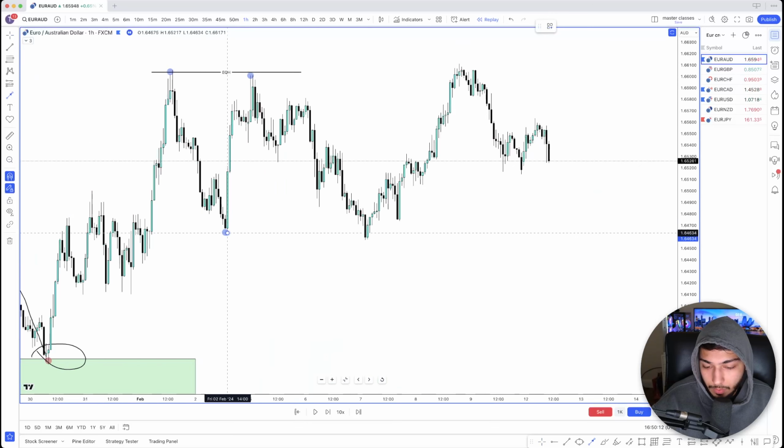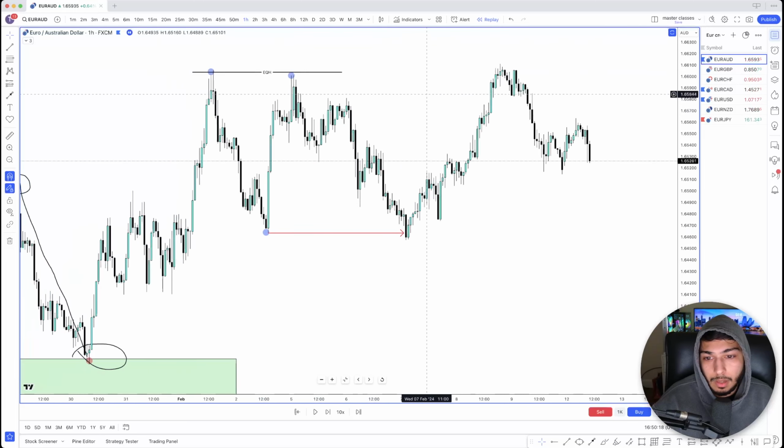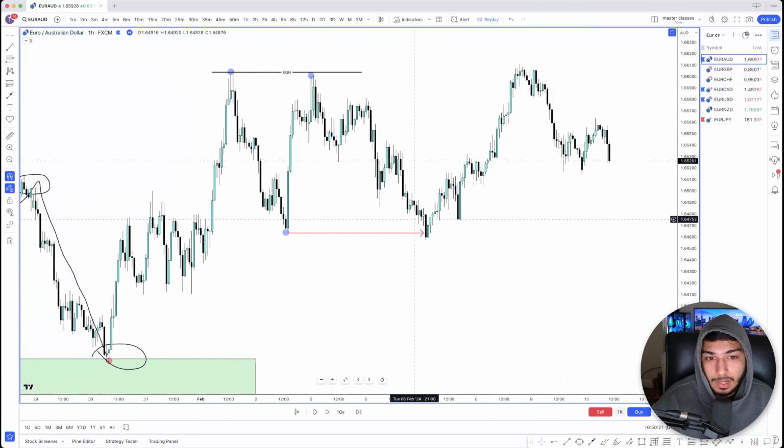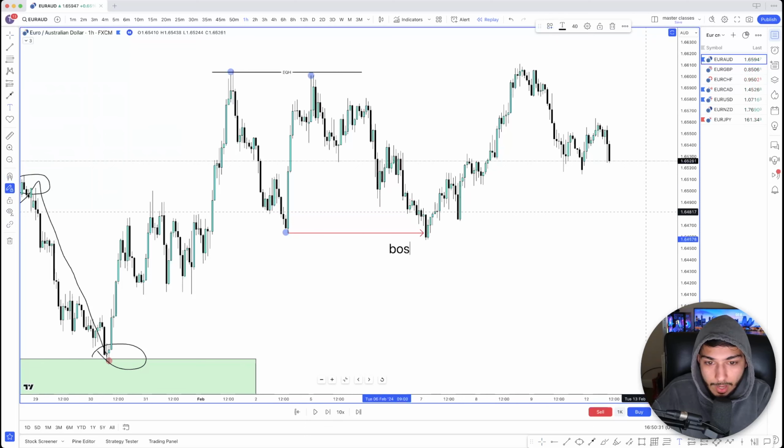So here's the low. This is our relative low. Now, what does price do? It comes down and it actually breaks the structure. Now, this is a hard point for a lot of different traders. Is this a BOS, a change of character, a change of direction?